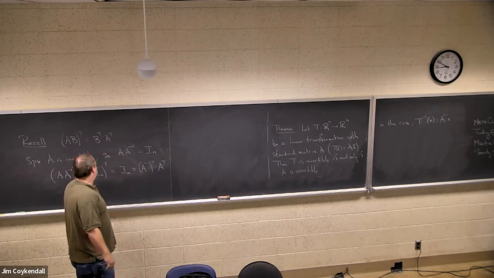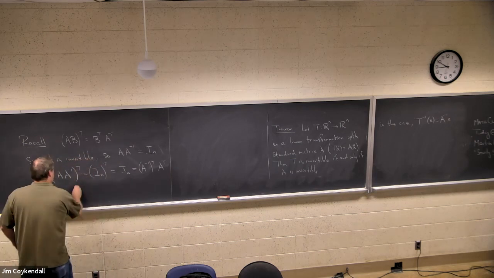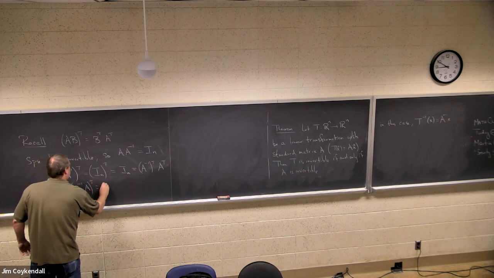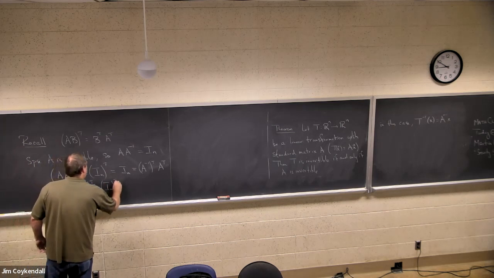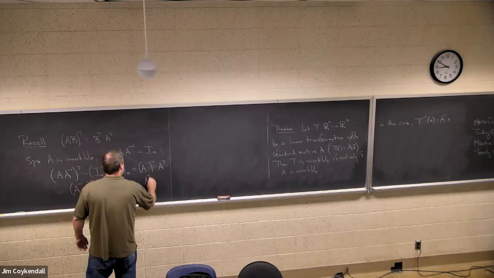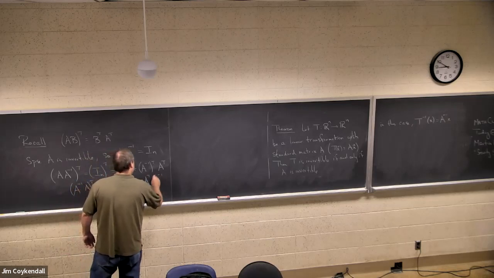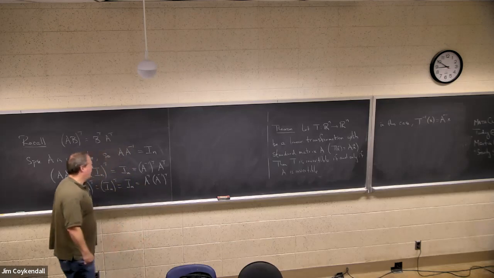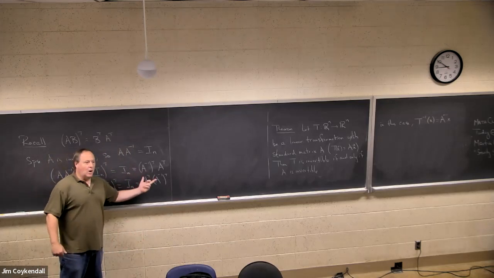And notice that we can do this in the other order. (A inverse A) transpose is the identity transpose, which is the identity, which is now A transpose times A inverse transpose. So guess what?